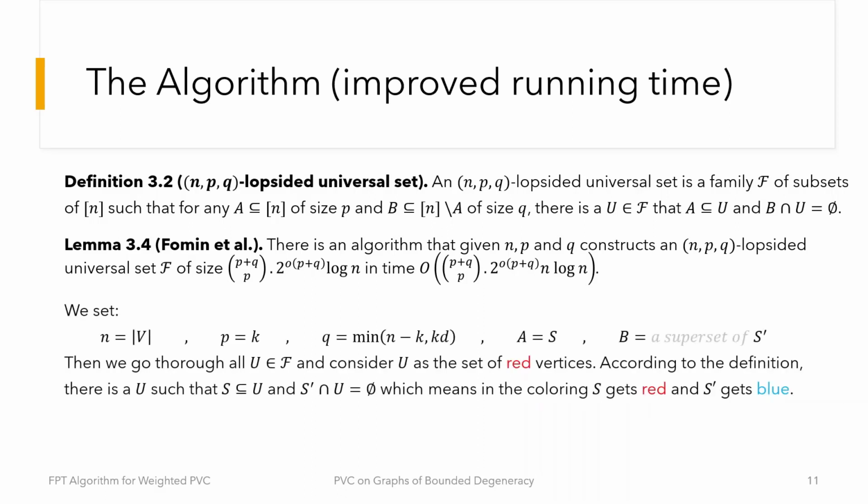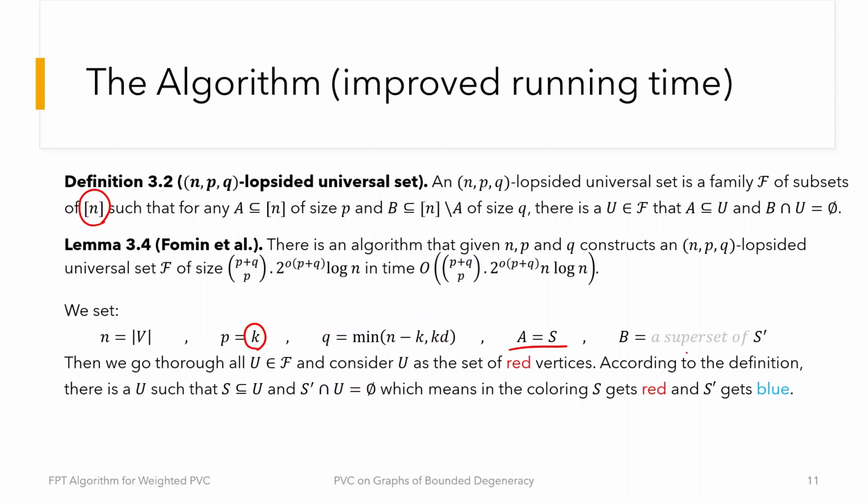We similarly set the parameters. So the main set here is again the set of vertices. P is K and A is S. The size of S is K. And Q is minimum of KD and N minus K.